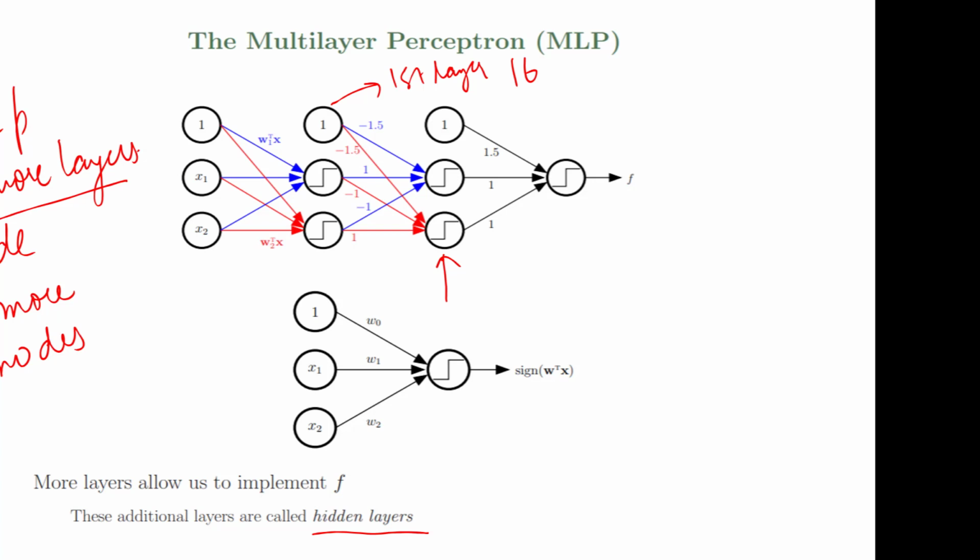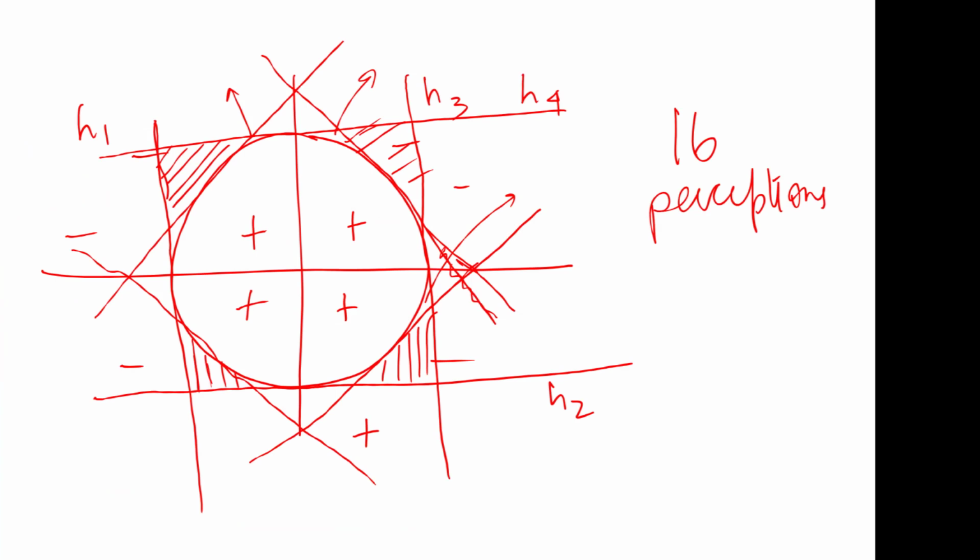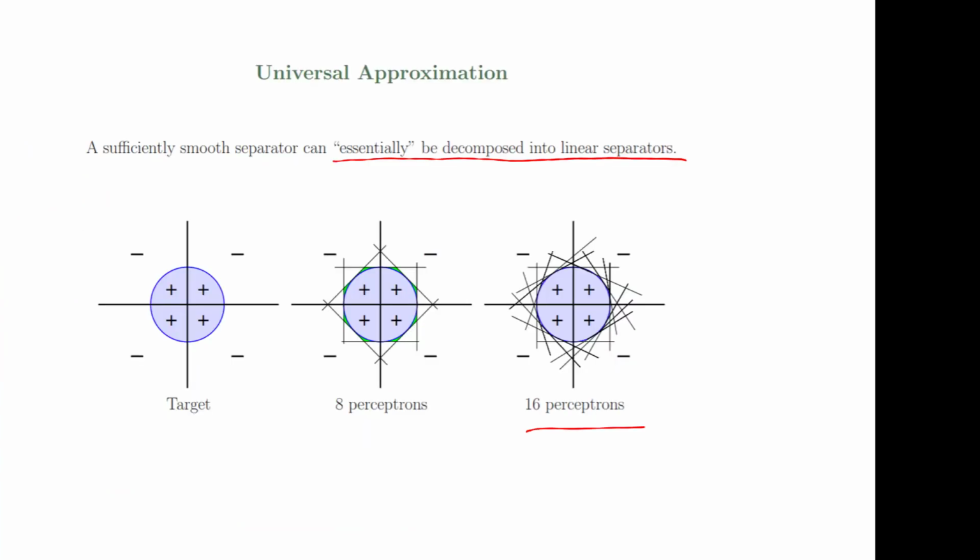So you can tell that just by being able to come up with these linear separators or these perceptrons and a combination of these, I can still use my MLP to get what I want, right? And so that was an example. That was a proof by picture, of course.